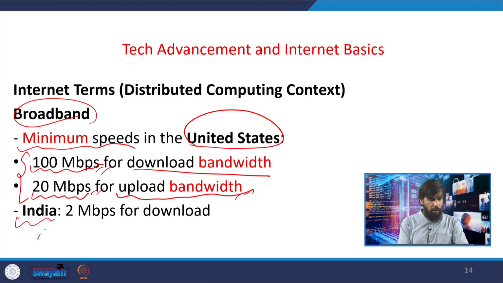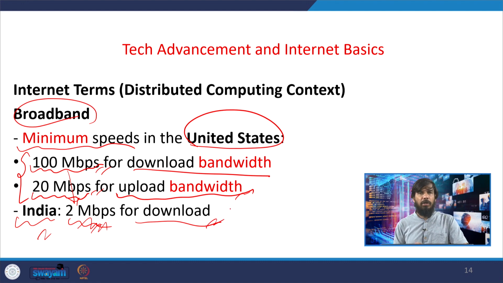And if we look at India, this number is much smaller. This is just 2 Mbps for download, right. So, in India if we just have a speed of 2 Mbps for download, that might get categorized as broadband. So, what it means to be a broadband connection in a developing country and in a developed country might be very different.